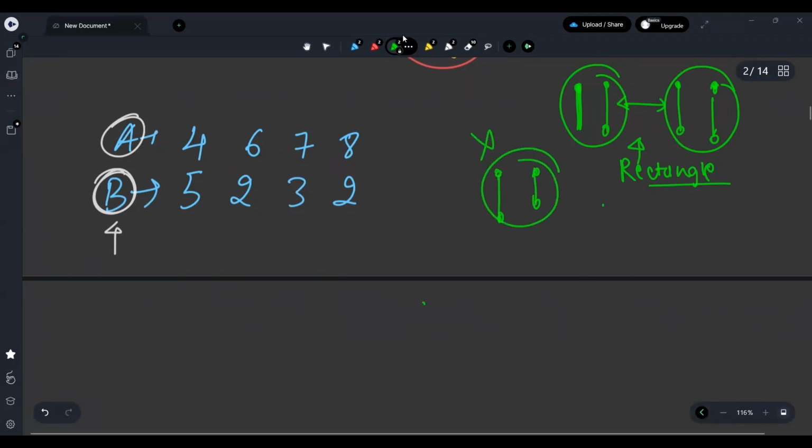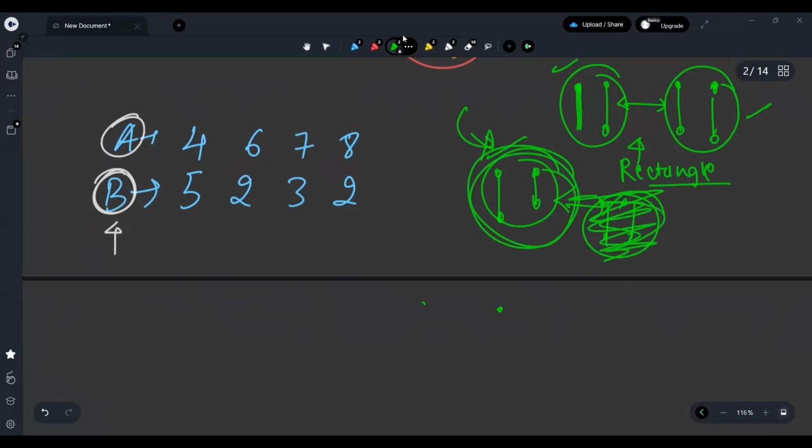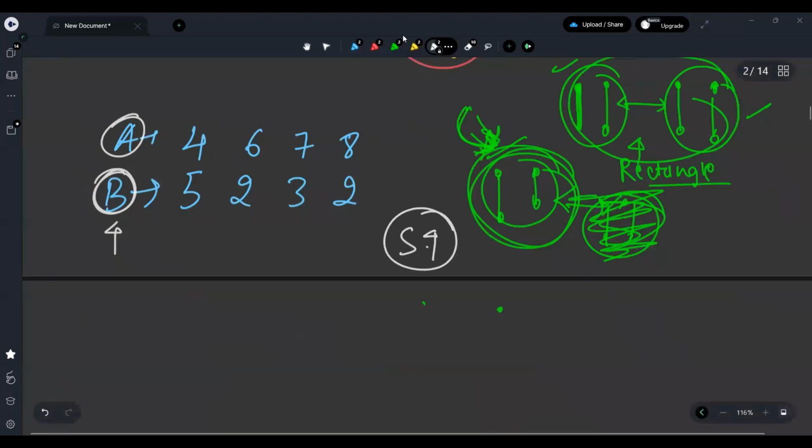And if we have even pairs, 1, 2, 3, 4, even pairs will be merged. But odd pairs cannot be merged because one pair will always be left, which will not create a rectangle. So this will create a rectangle, but this will not. So what is our approach? We need to subtract the minimum value out of all the pairs so as to maximize the possible value of this.